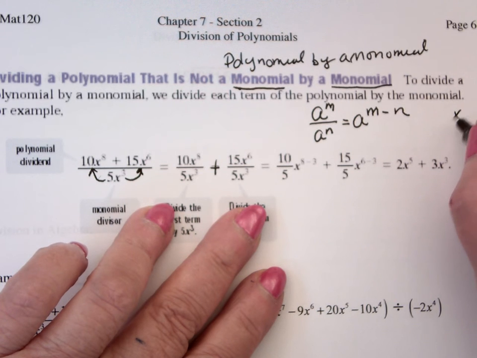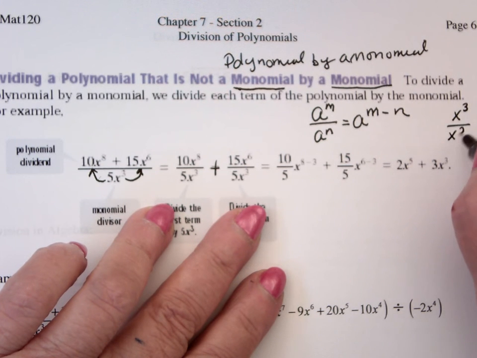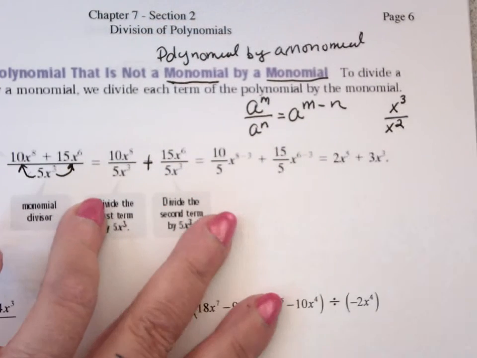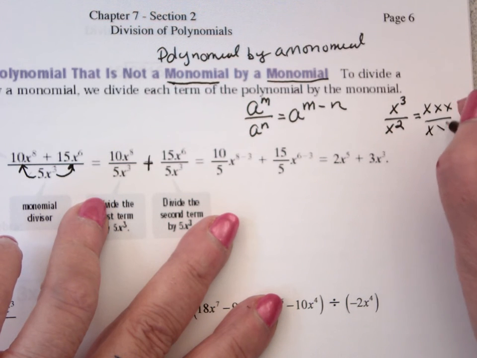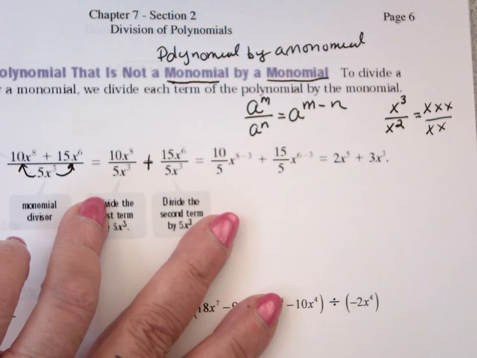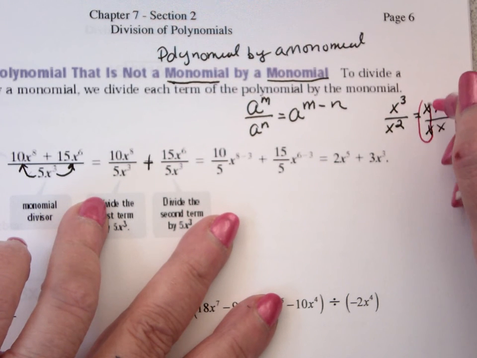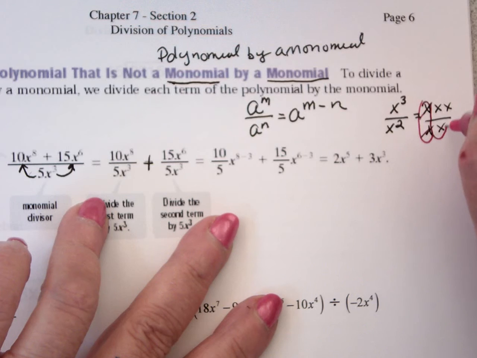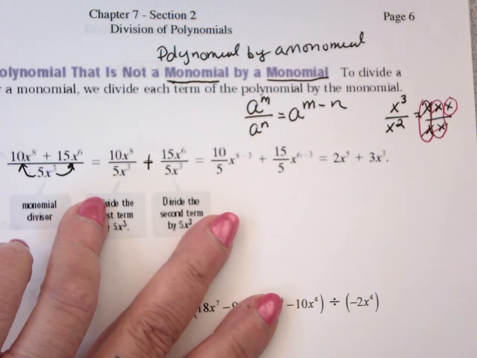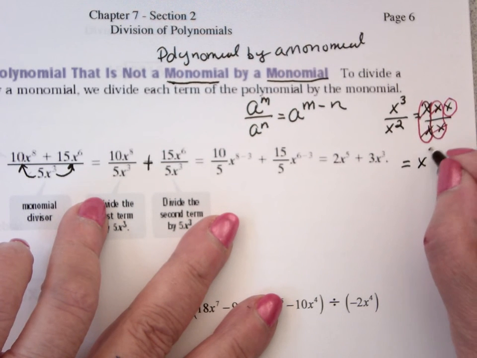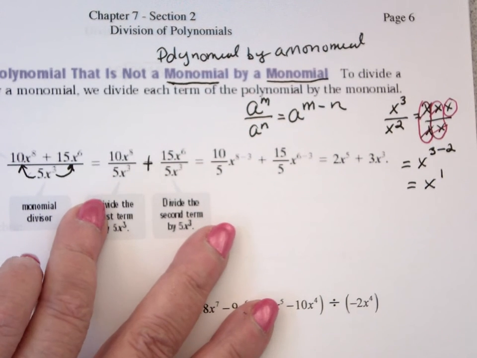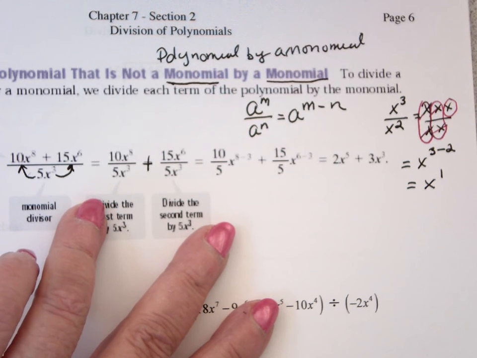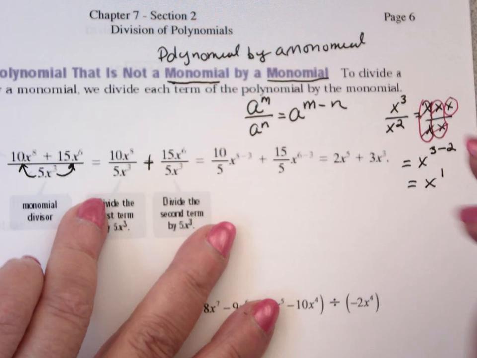So if I had x to the 3 divided by x to the 2, you'd say, oh, I've got 3 x's on top, I have 2 x's on the bottom, and if we reduce down like we did in the previous section, those 2 x's form a 1, and what you're left with is a single x by itself, namely an x to the 1. That's the same as saying x to the 3 minus 2 is x to the 1. You end up in the same place. It depends upon how comfortable you are as to which you would use. I tend to cancel myself.